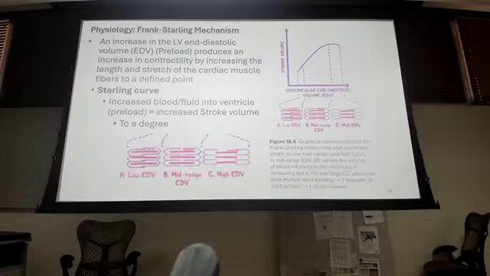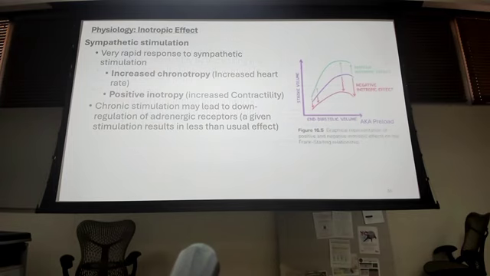So increasing preload increases stroke volume to a point, and then you start to see a decline in function. And then using the sympathetic nervous system to increase contractility, you can see how that will affect your stroke volume as you increase your preload.